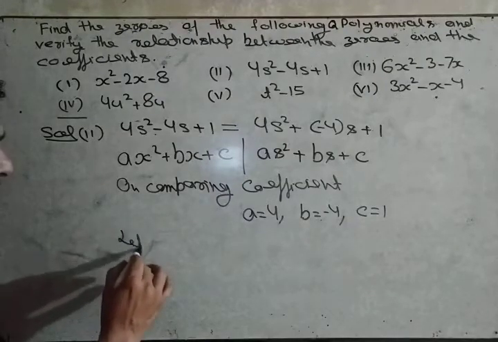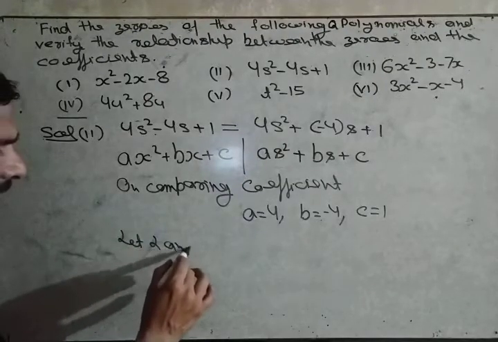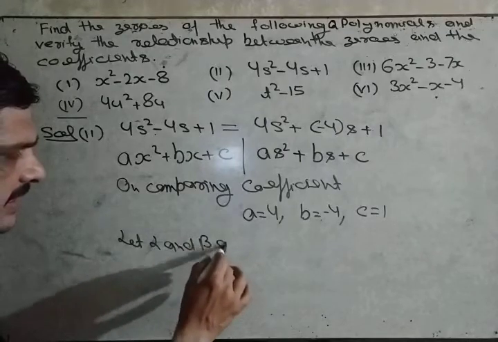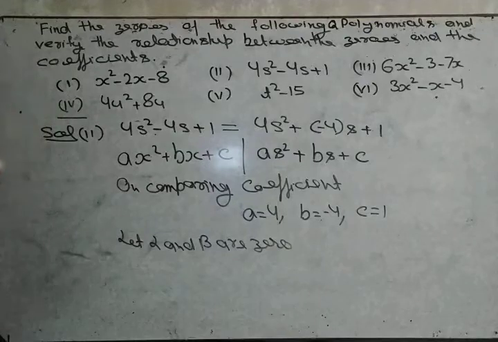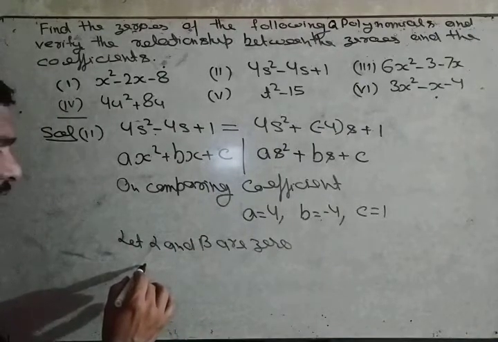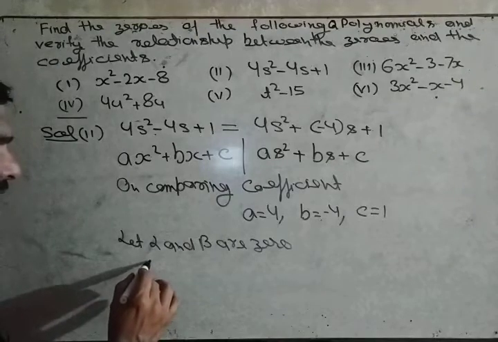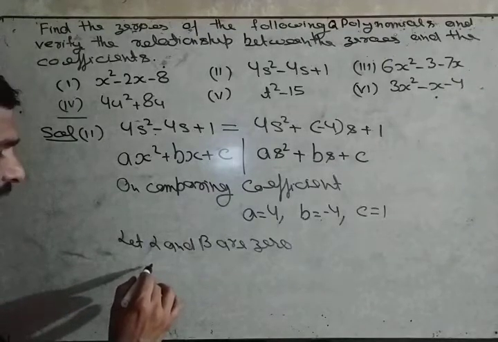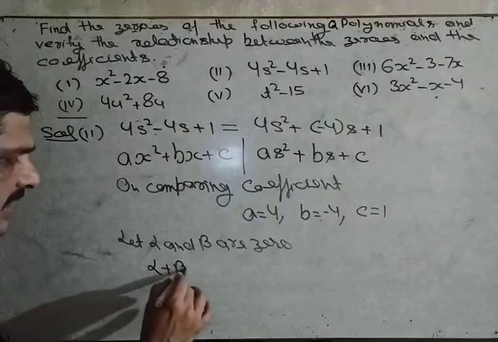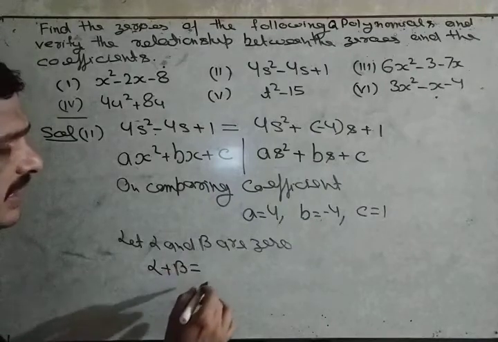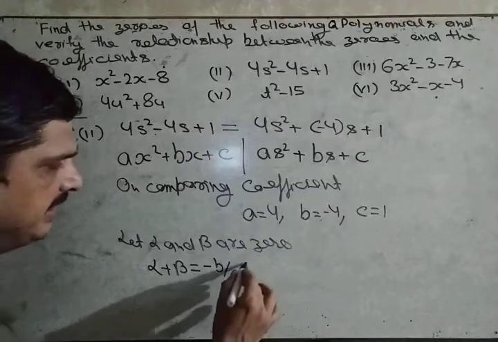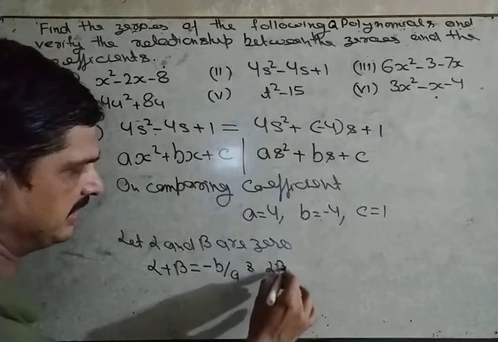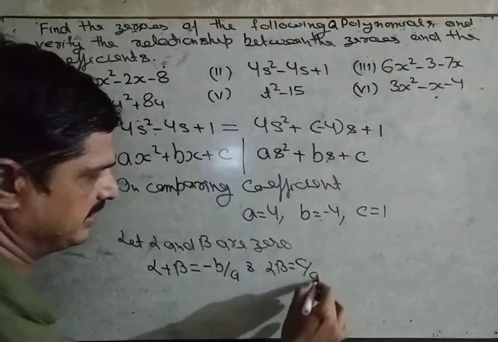Let alpha and beta are zeros. So we have to verify alpha plus beta equals to minus b by a, and alpha beta is equal to c by a.